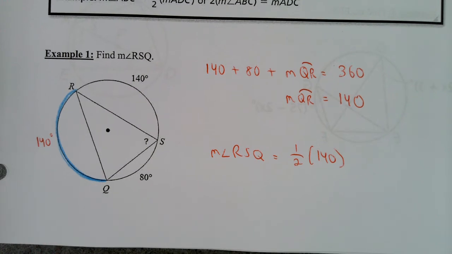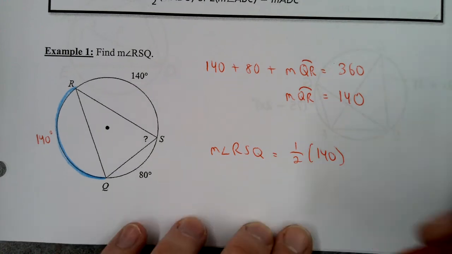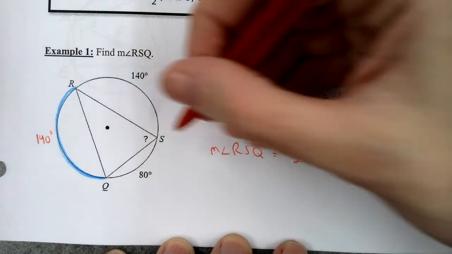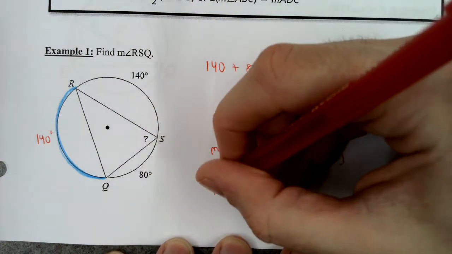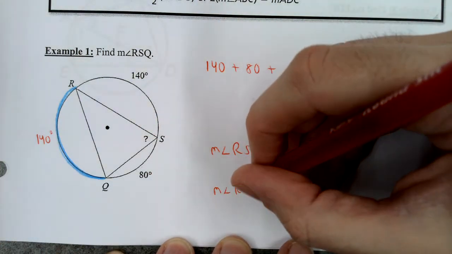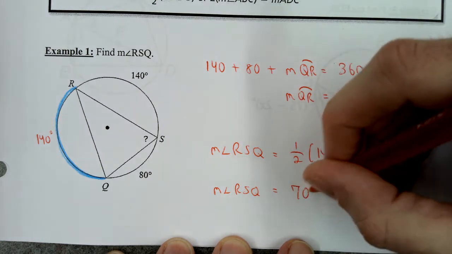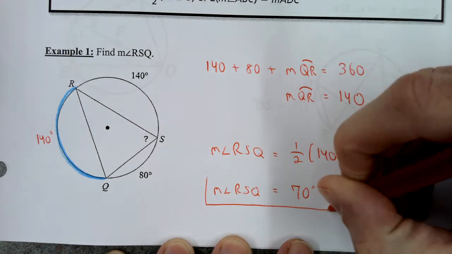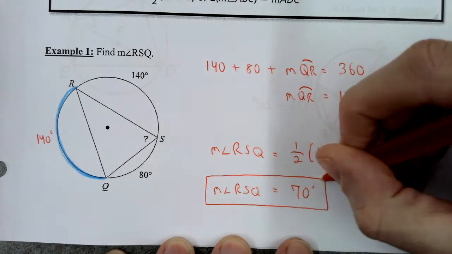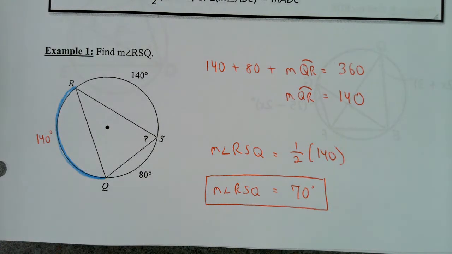Don't accidentally say it equals 140, it equals 70. You can tell it's not 140 because it's an acute angle. The measure of angle RSQ equals 70 degrees.